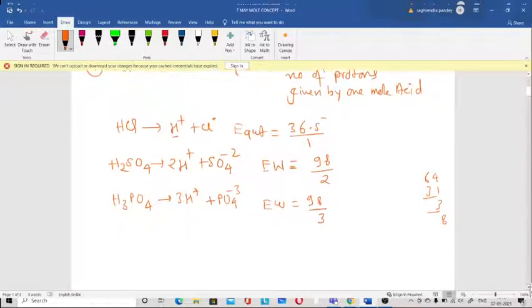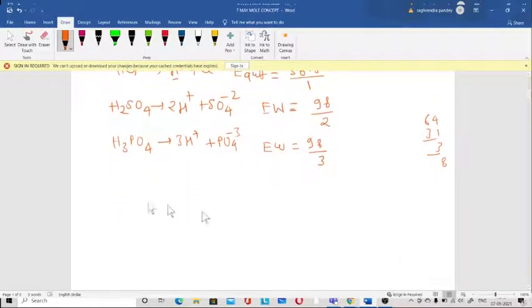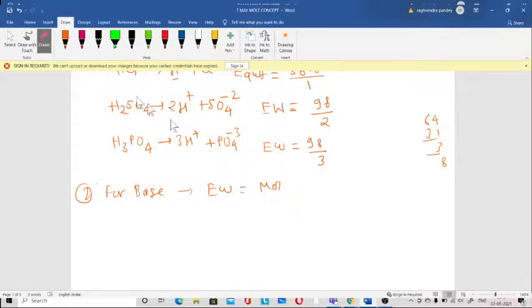Now for the base, it is the same. For a base, the equivalent weight is equal to the molecular weight divided by the number of OH ions.